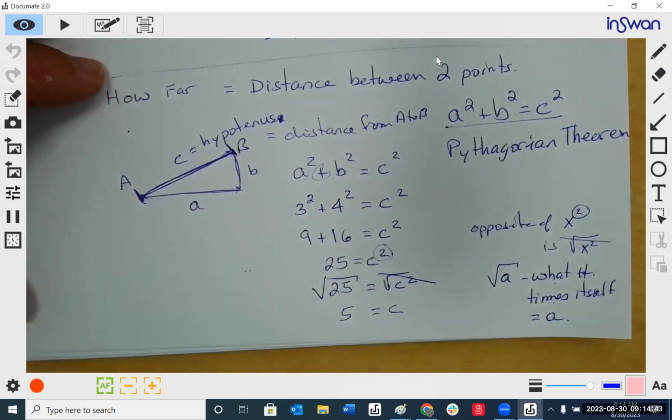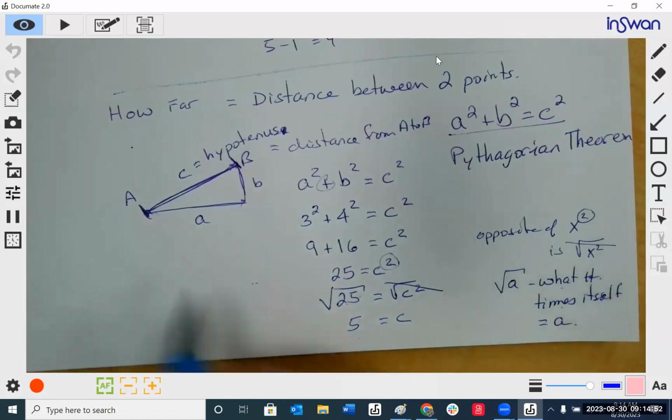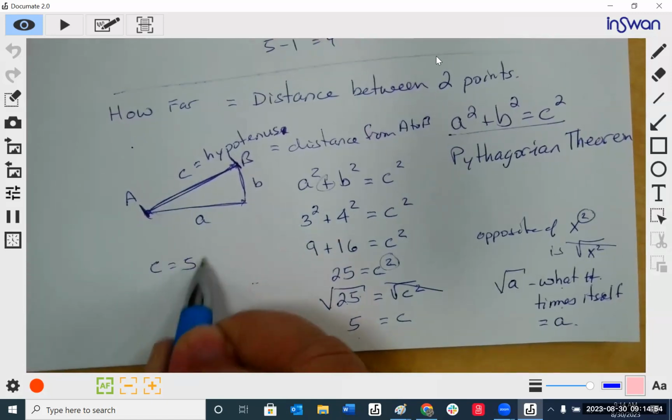So the distance between our 2 points is 5 units. So C equals 5.